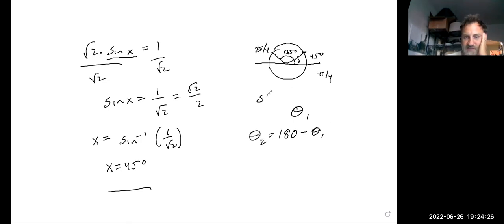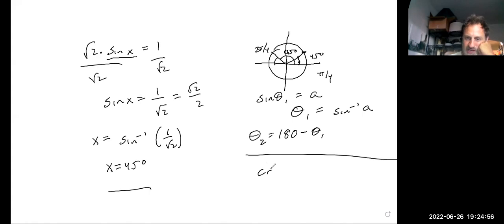So if sine theta 1 equals whatever, a, then theta 1 equals the inverse sine of a, and theta 2 can be generated by doing 180 minus theta 1. And that's because there's symmetry between this and this in terms of the sine values. So if this is 45, this is 45, I can get this 135 by doing 180 minus that.